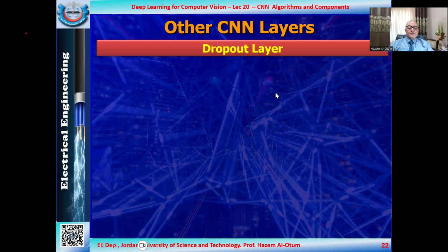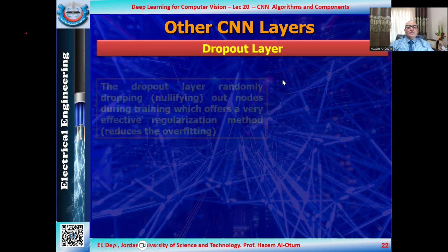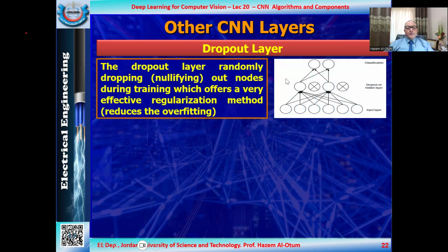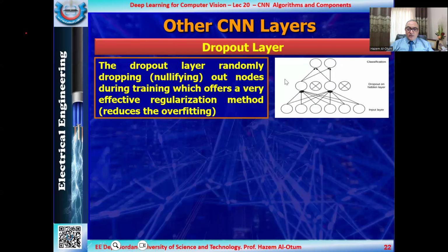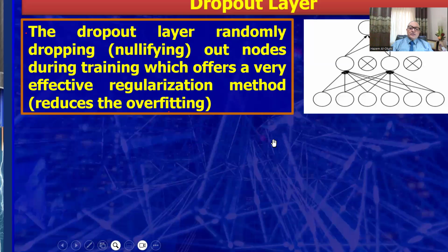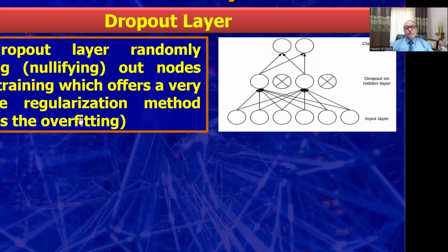What are other layers? You may face some layers like the dropout layer. Dropout, from its name, means you may get in your system a sort of drop. As you see here, in the usually used layers, you may start by having these input neurons, and maybe we start from below.